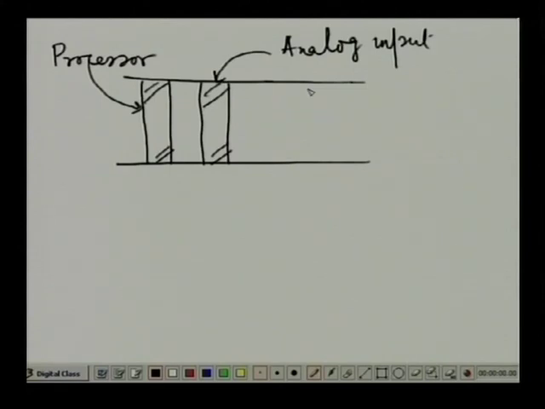Now you see this processor, the external variables, that is the various signals, get interfaced to these modules, and this could be a digital output module.